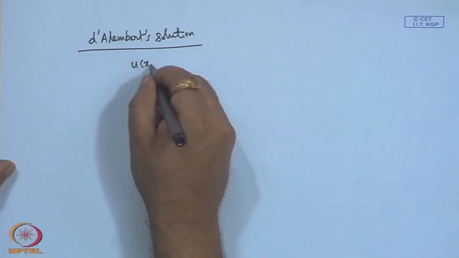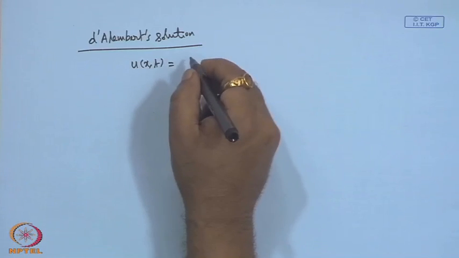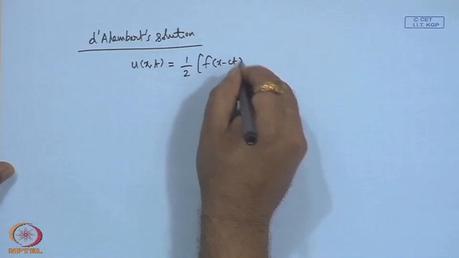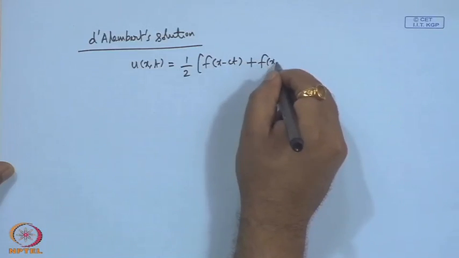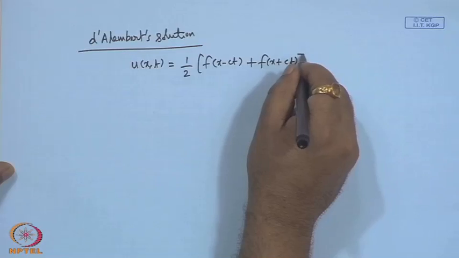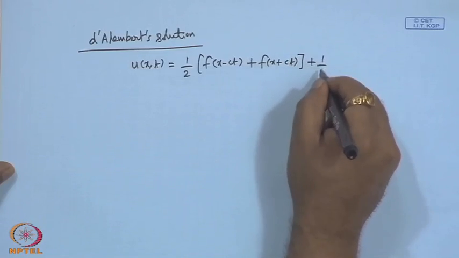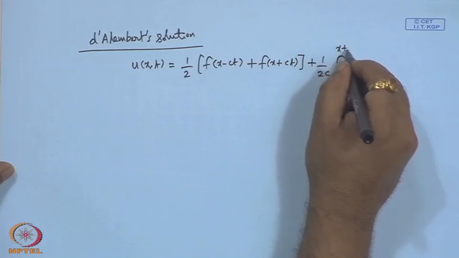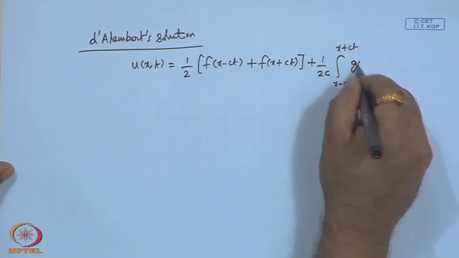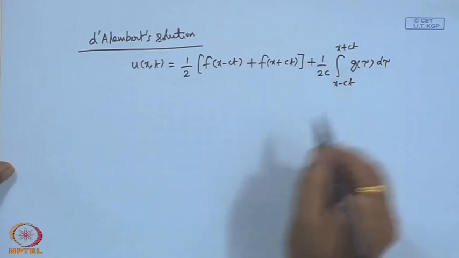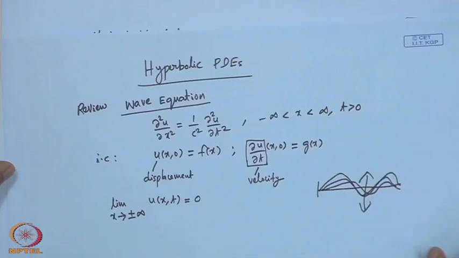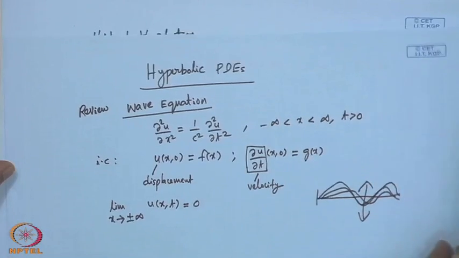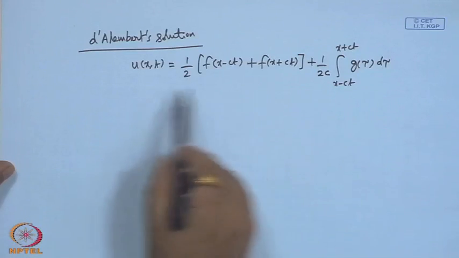So, this is given by the formula, plus 1 by 2c times the integral term. With the given initial displacement f of x and initial velocity g of x, the solution is given by this.